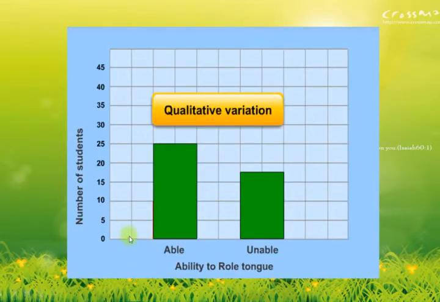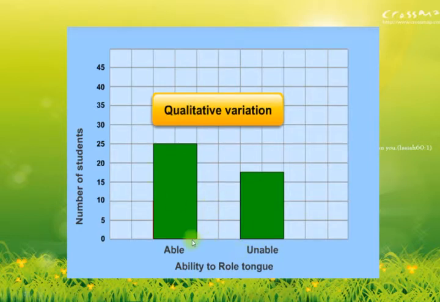The graph shown refers to discontinuous variation. It is a qualitative variation. We can see the difference in the characteristics is distinct or obvious. There are only 2 separate bars here, which refer to the ability to roll the tongue.